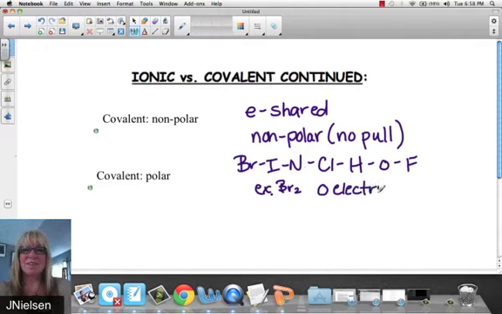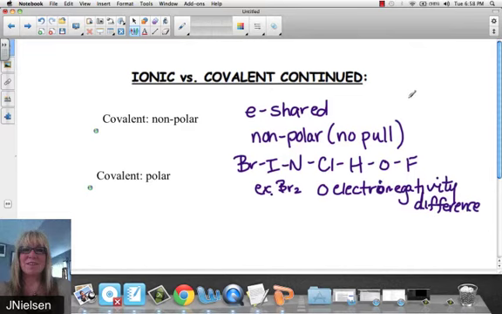If I look up the electronegativity of bromine and I subtract them, there's a zero electronegativity difference. That means that I'm nonpolar. There's no pull.